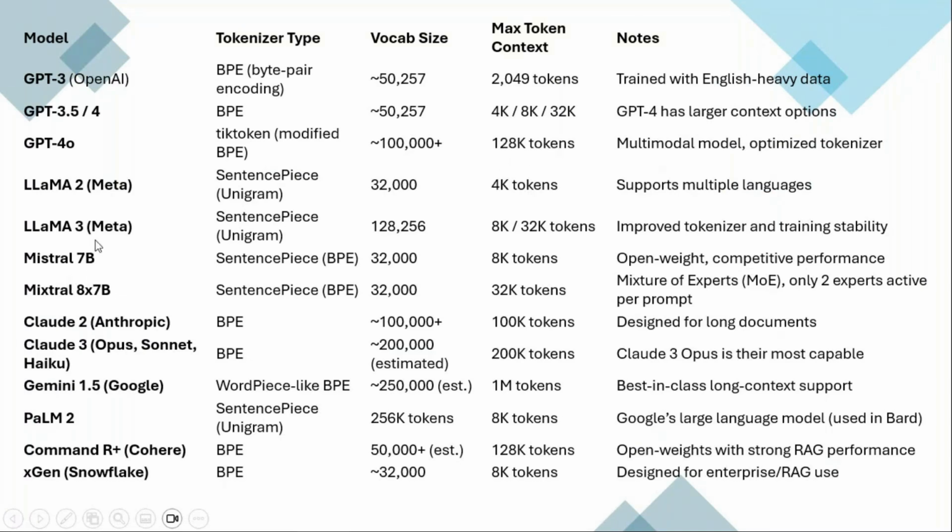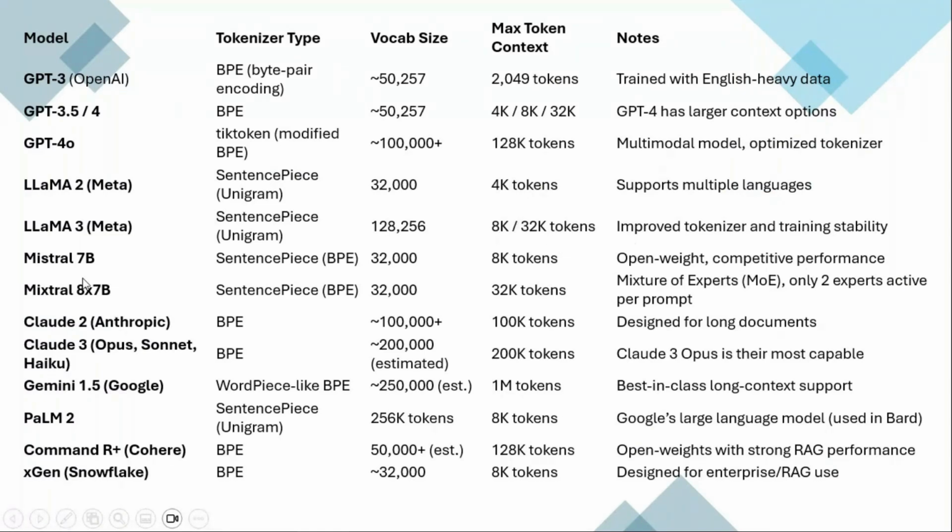Llama 3 is SentencePiece unigram again, and the vocab size is 128K, with a context length of 8K to 32K.